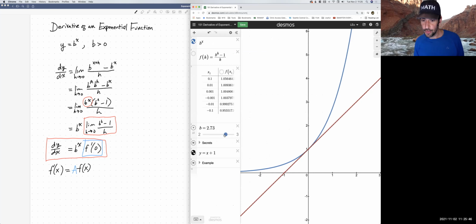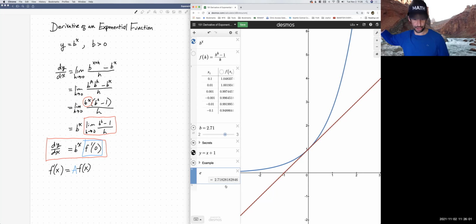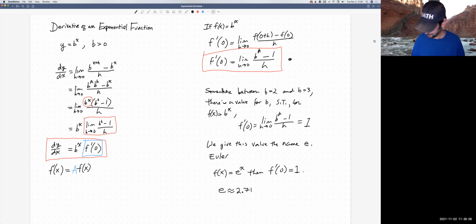Right now I've got it somewhere between 2.71 and 2.72. It's an irrational number. It goes on forever, 2.71 and on and on. Let's see if this gives us an approximation: 2.7182818286, and it just keeps going. All right, so that's the number e.